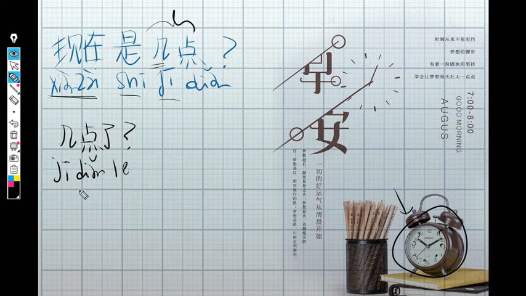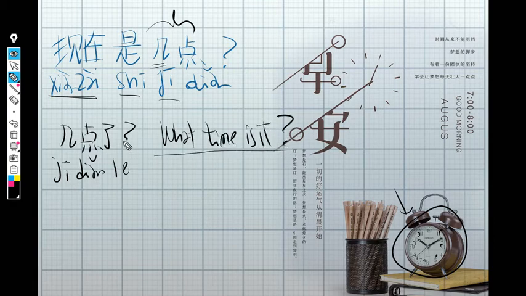So what time is it? I think this is the most common thing, at least in spoken, right? 7点了. Somebody asks 7点了. What time is it? In more formal, right? 现在 like right now 是几点? Okay.